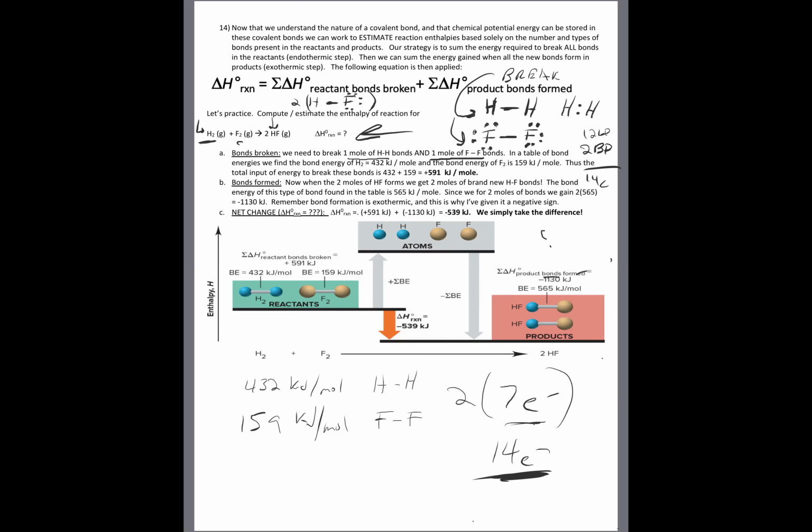Now, in the balanced chemical reaction, we've got a 1 and a 1 as our stoichiometric coefficients for both reactants. So we're breaking 1 mole of the bonds in each of the compounds. So this is what it's going to cost us. 159 kilojoules per mole, 432 kilojoules per mole. So our total cost to break these molecules down into atoms in the gas phase is going to be 591 kilojoules per mole.